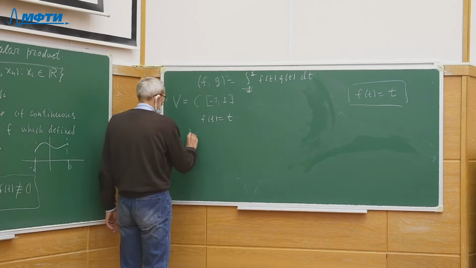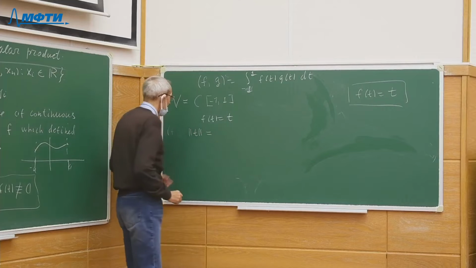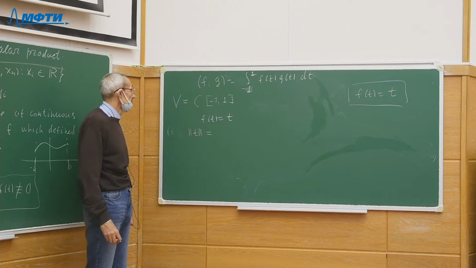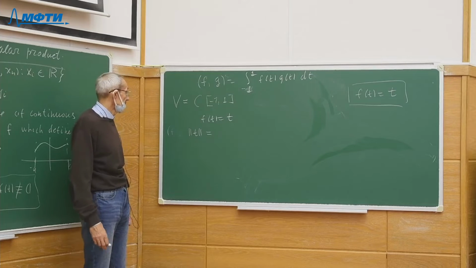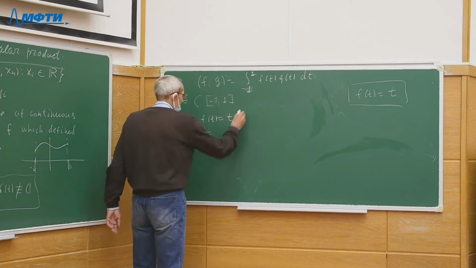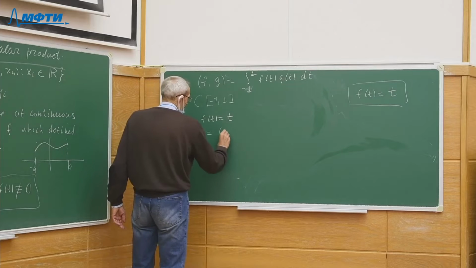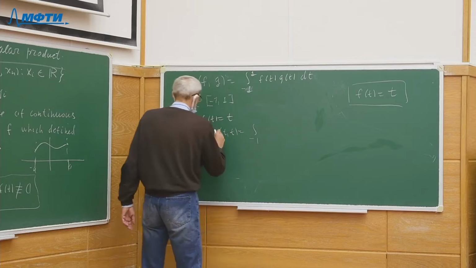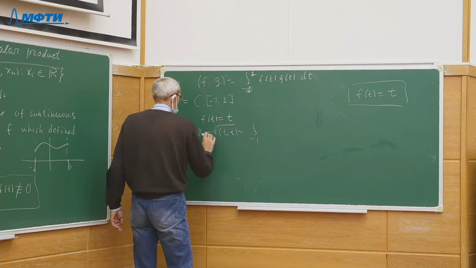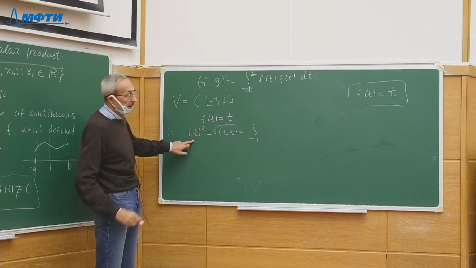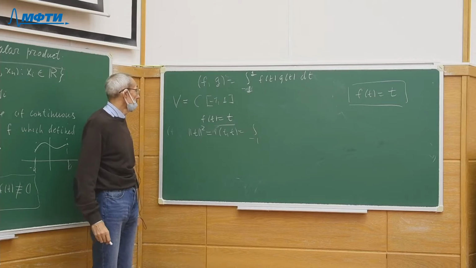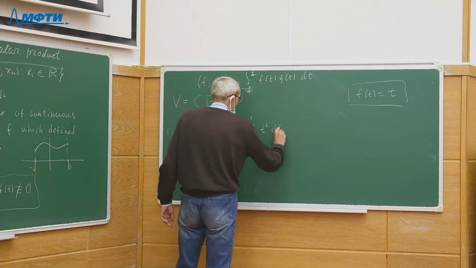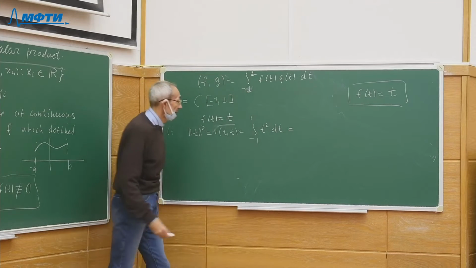We can define the norm as the square root of the scalar square of this function, and by definition we obtain that the norm, first of all, let's calculate the square of this norm, and we obtain the following expression.